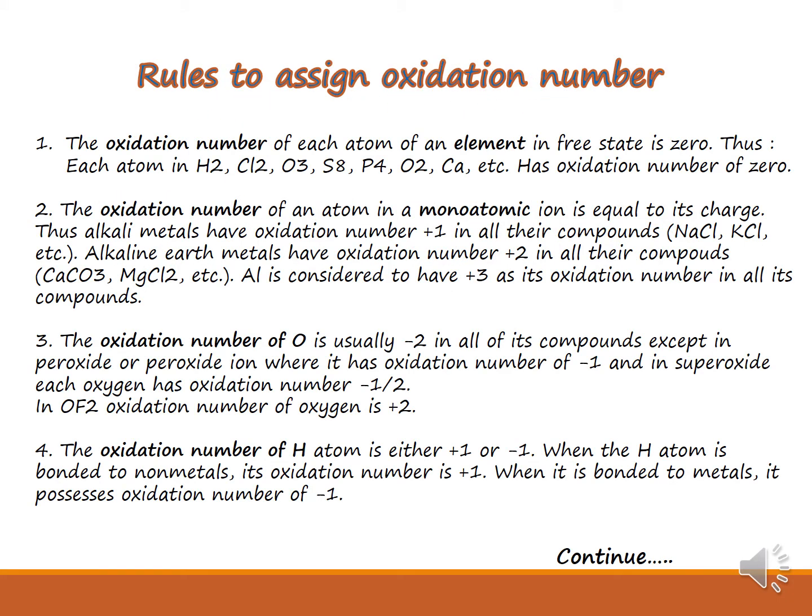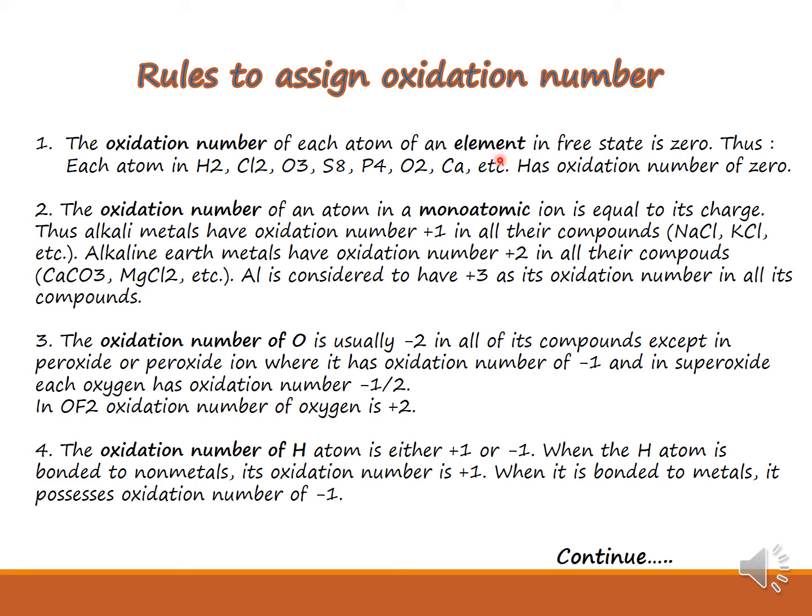Now the rules by which we are going to assign oxidation number to the element present in a compound. The first rule is saying the oxidation number of each atom of an element in free state is 0.